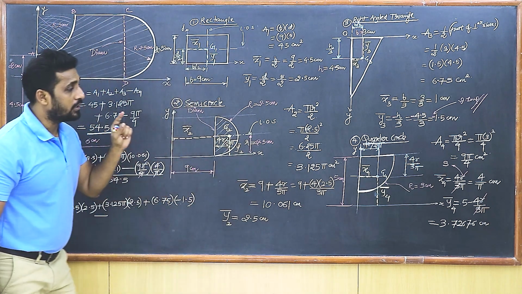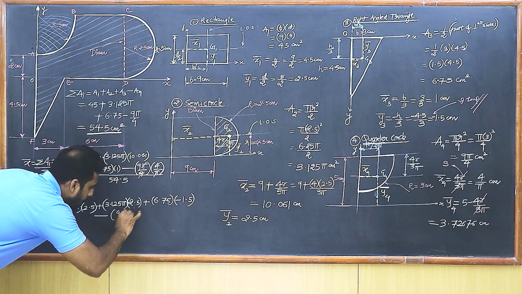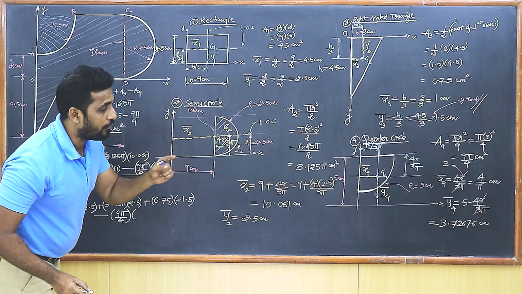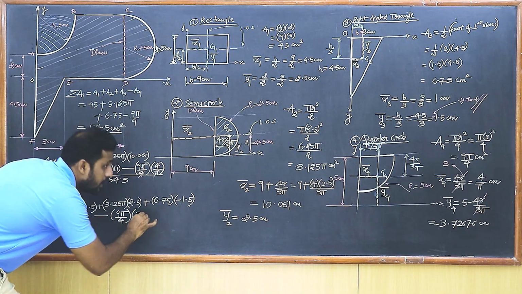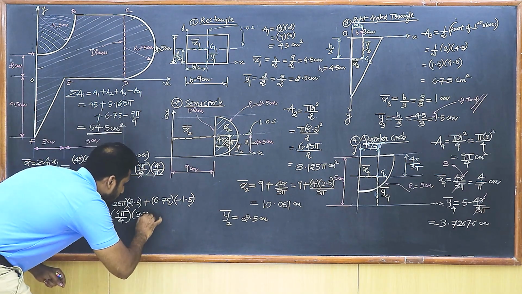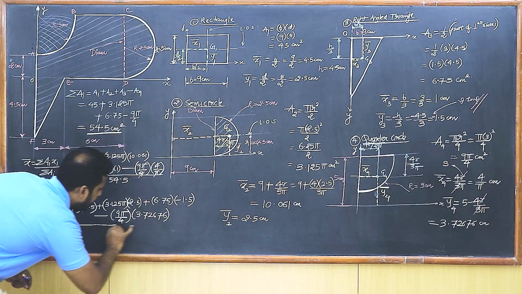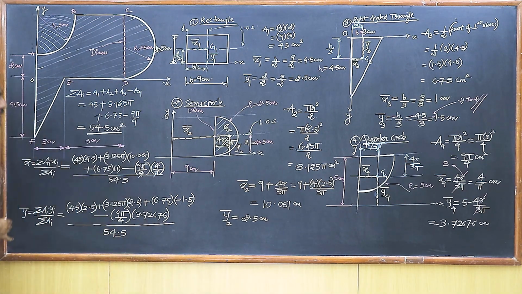So minus, what is A4 here? It is 9 pi upon 4. This multiplies with y4 bar, and y4 bar value is 3.72676. This is going to get divided by the area, which is 54.5, isn't it?